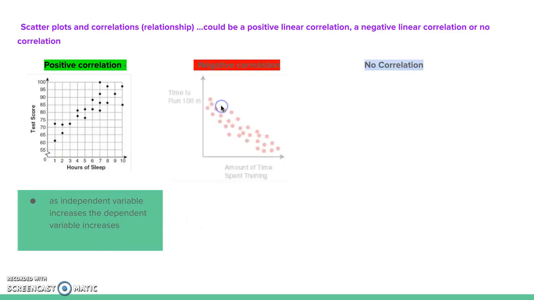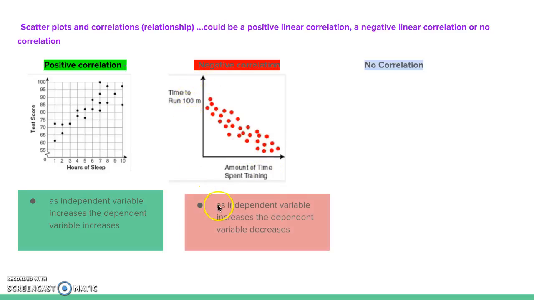Well, what does negative look like? It also tends to have somewhat of a linear relationship. But as the amount of time I spend training goes up, my time comes down, which is what you would hope. So that is a negative correlation because as the independent variable increases, the dependent variable decreases.